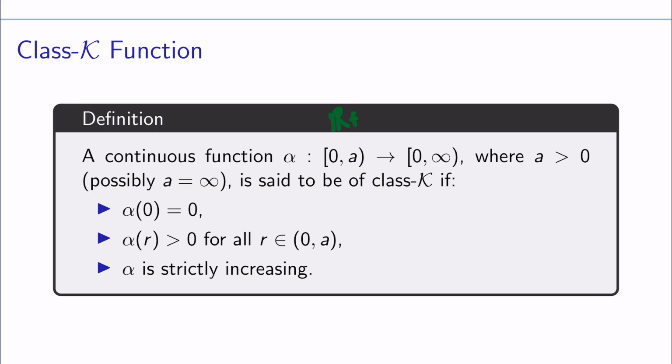This is what we just mentioned, and this function is said to be of class K if there are three items that we need to satisfy. It should be 0 at 0. That's quite easy to grasp.